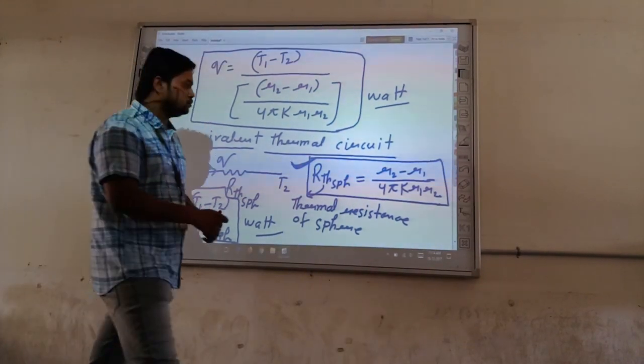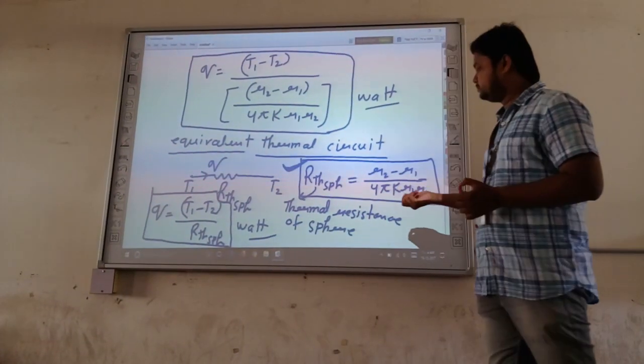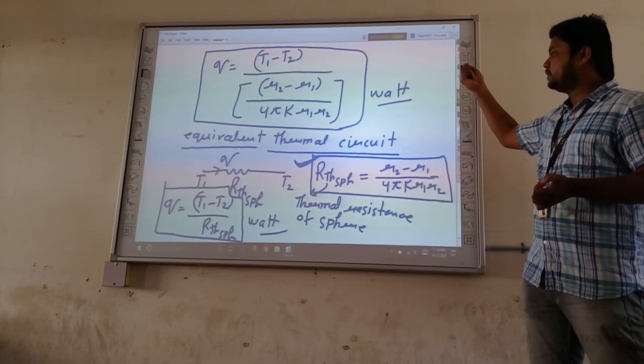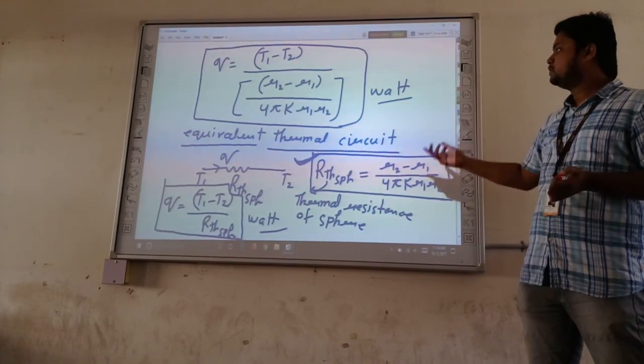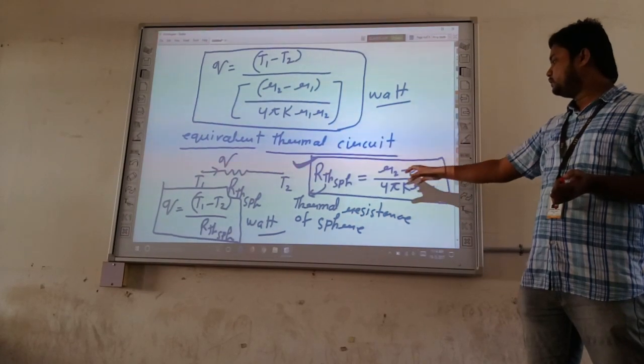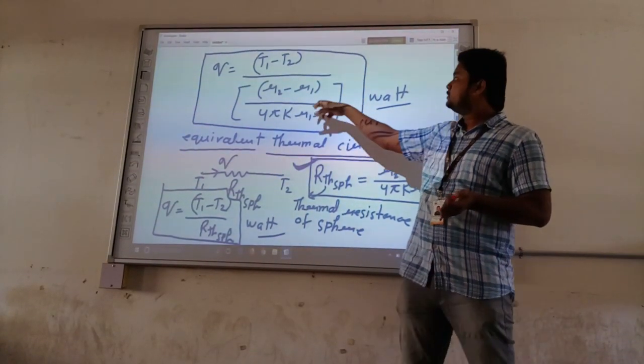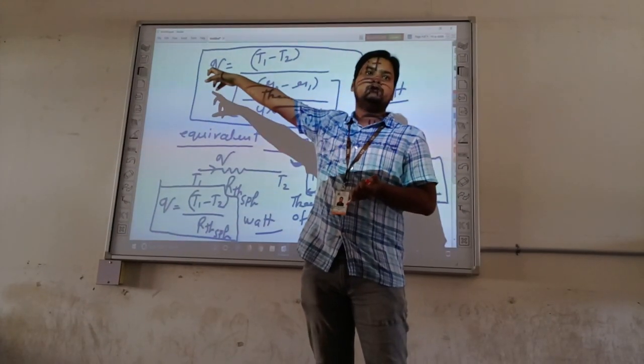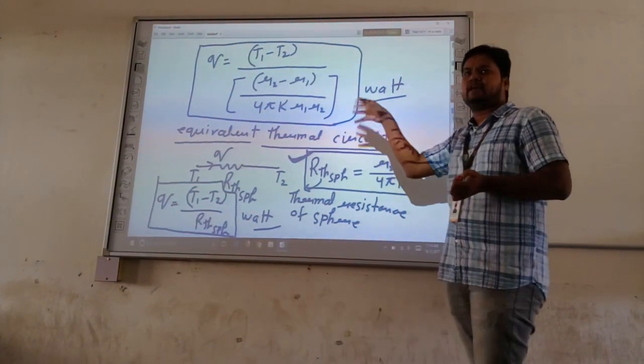Sometimes they can ask you, like, when you increase the conductivity, what will happen to heat transfer? If you reduce the conductivity, heat transfer will reduce. Like this they can play.